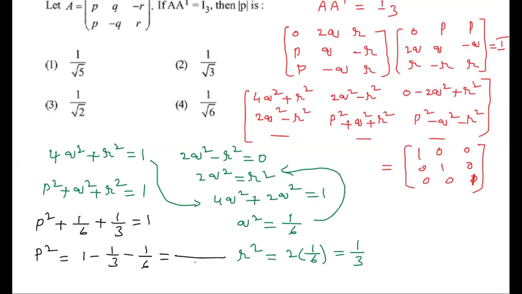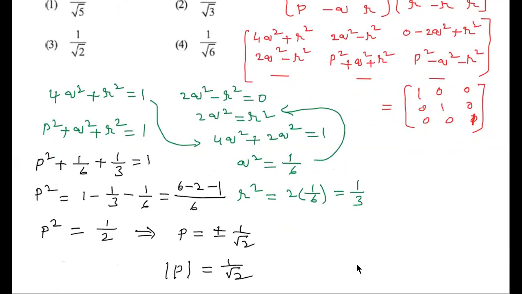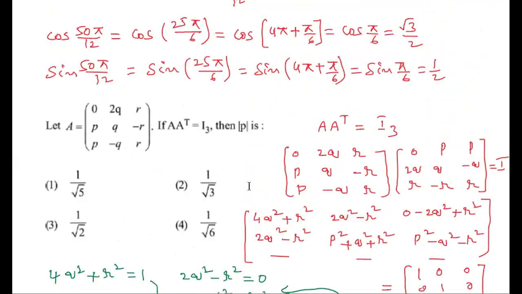Do the calculation, 6 LCM, 6 minus 2 minus 1, numerator will come 3, 3 by 6, that is 1 by 2. Now P is equal to plus or minus 1 by root 2. But they are asking modulus of P, that is 1 by root 2. This is the answer. Okay, this is also an easy question, but calculation is more.